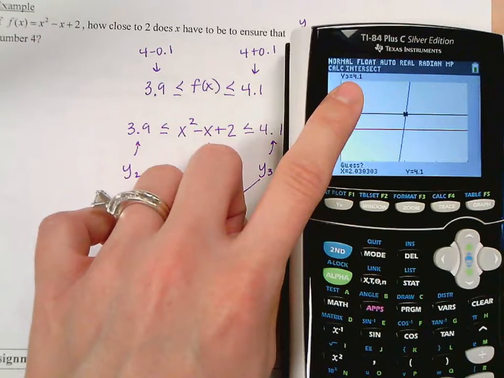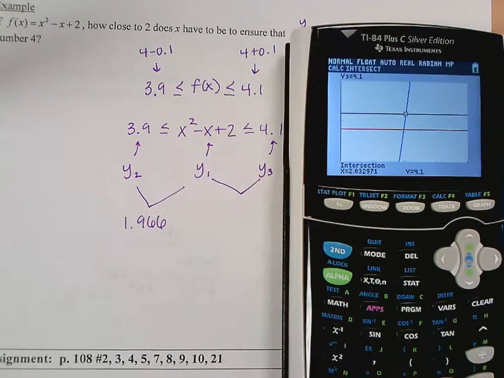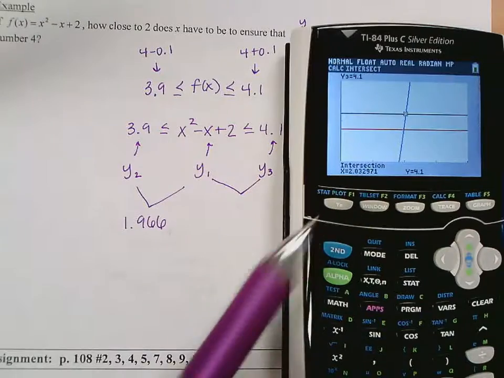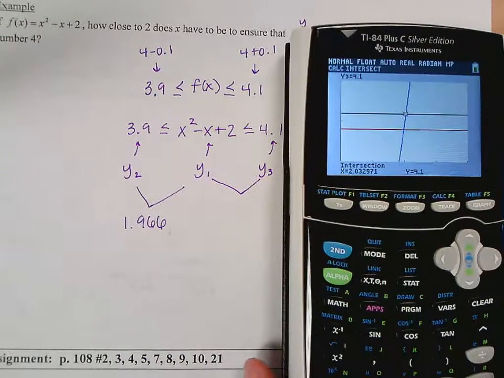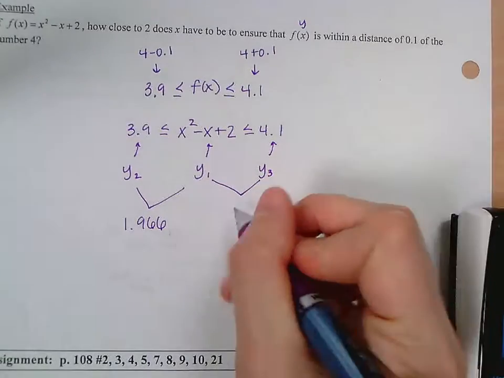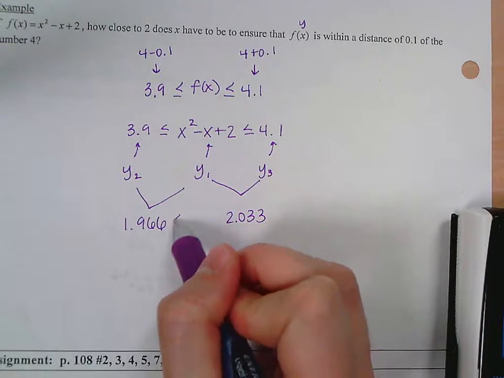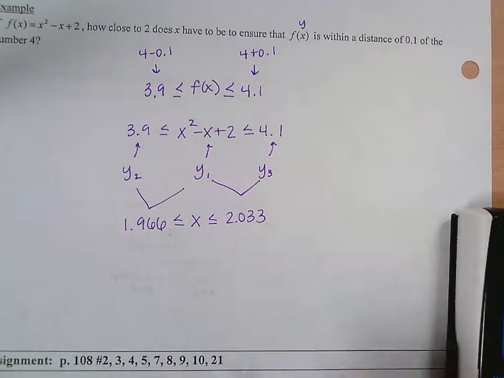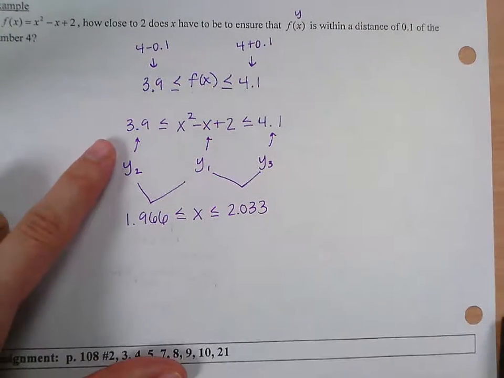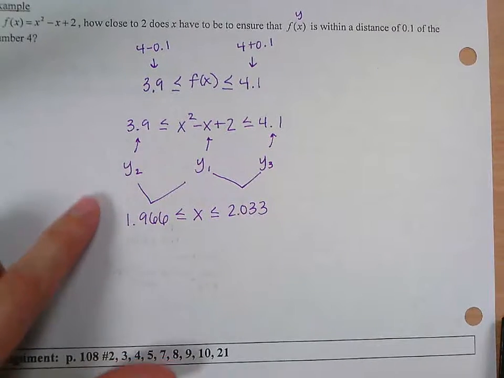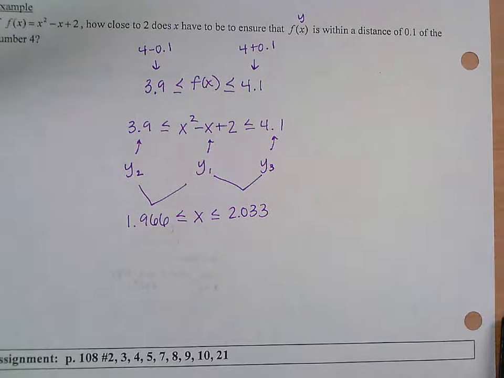Then hit enter, and enter for the guess. And that's at about 2.033. Okay, so this means those are the two values x has to be in between. In order for the y values to be between 3.9 and 4.1, the x values have to be that close to 2.